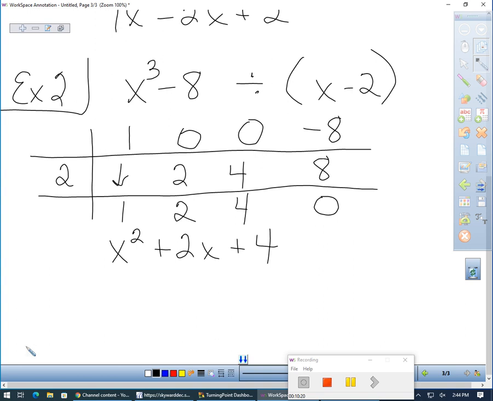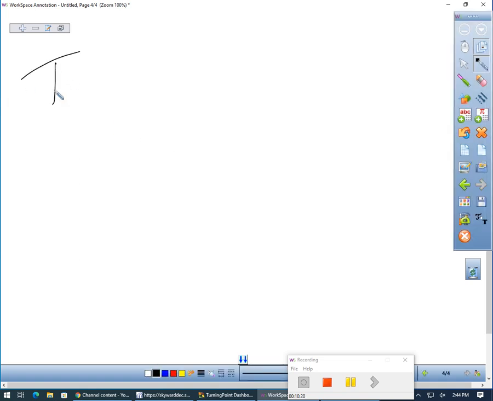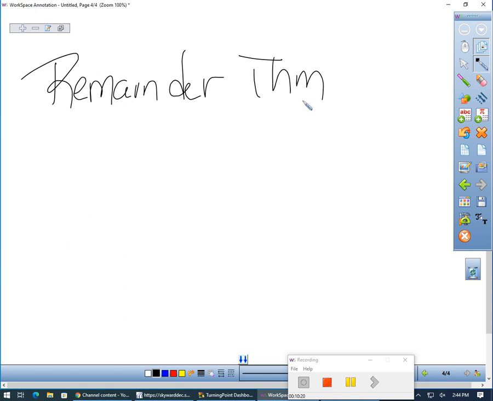All right, so when you are doing synthetic division, make sure that you write down what your polynomial is and what your remainder is, okay? Next thing I want to talk about is the remainder theorem. The remainder theorem, we use P of x.